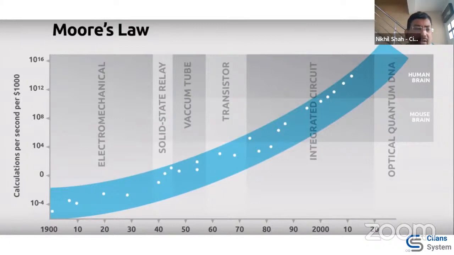But this chart is slightly different. What we're talking about here is the calculations per second for every $1,000. Again, how many calculations can a computer achieve in a second if you are willing to pay $1,000, right? This is from the 1990s till 2020. Earlier it was electrothermal chemicals kind of stuff, then solid state, then transistors were designed with the vacuum tube, then actual transistors were invented.